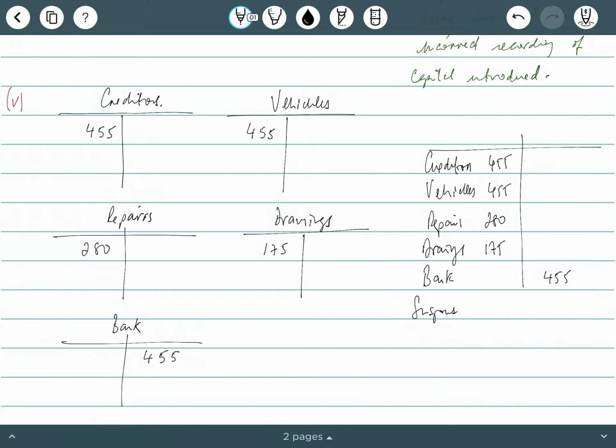So your suspense would be 455 times 2, which is 910. So you've got balance sheet, P&L, balance sheet, suspense. It's being corrected due to incorrect recording, I suppose, of repairs.